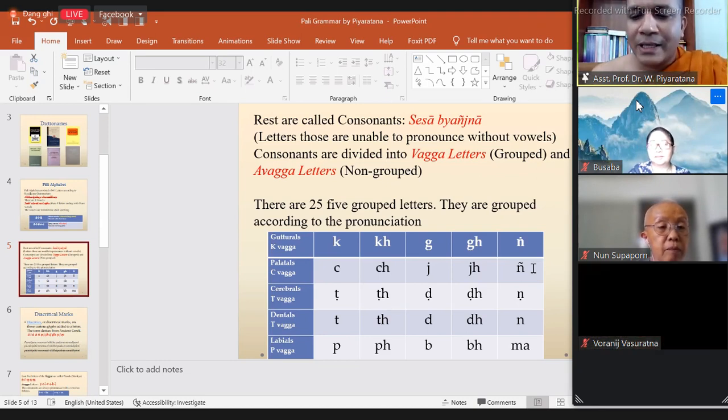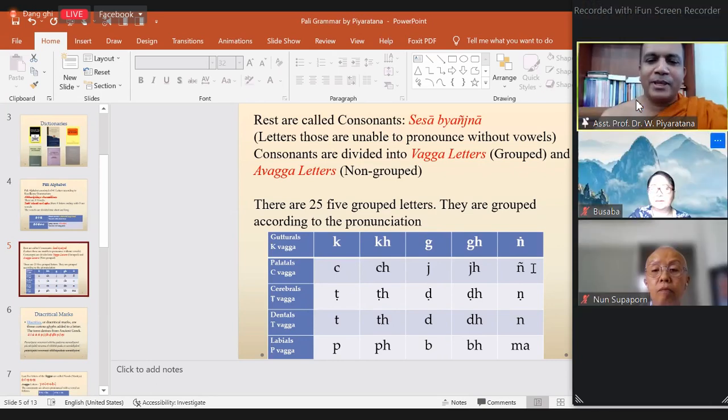Nasal sounds: nga, nya, na, na, ma. In fact, if you are in the classroom, it is quite easy to learn, write something and see it with the words.